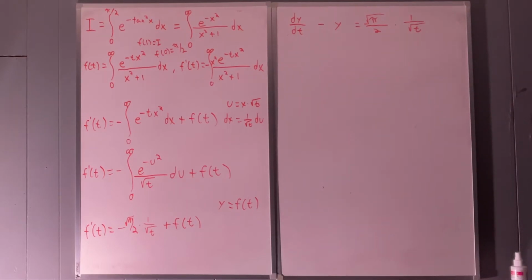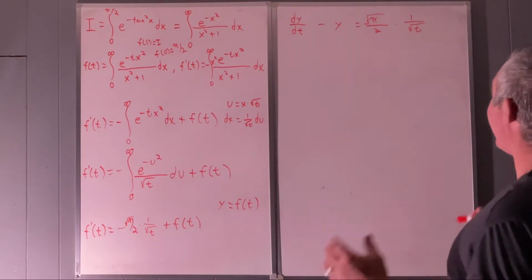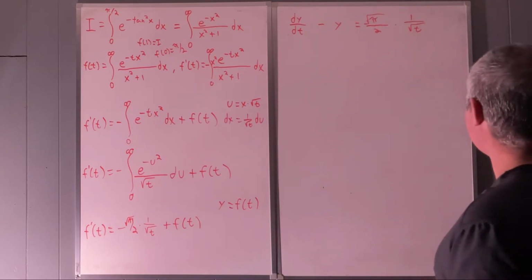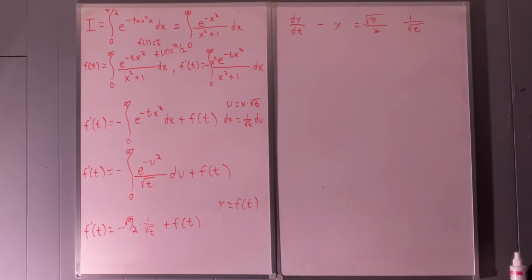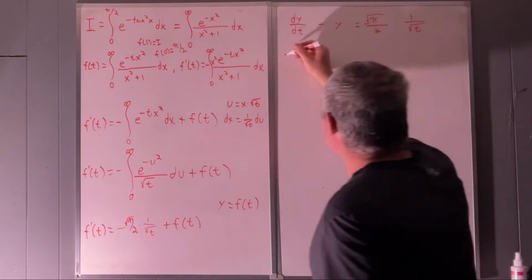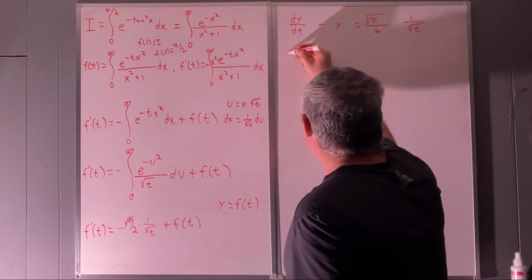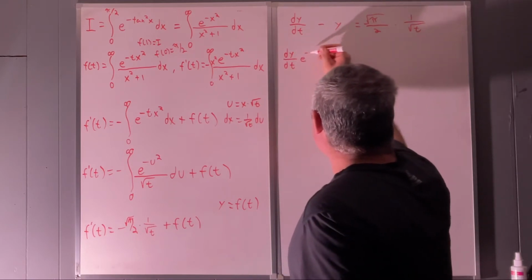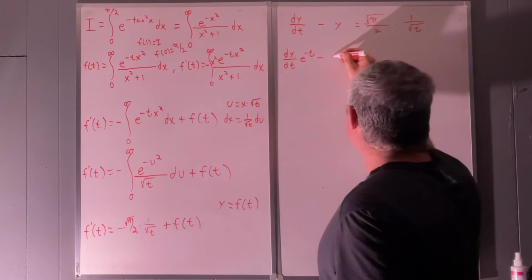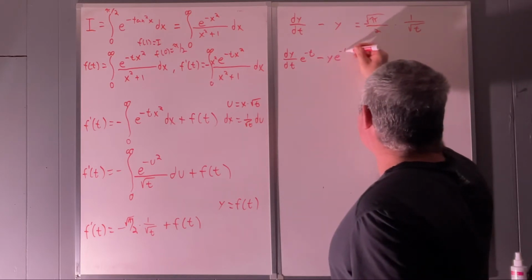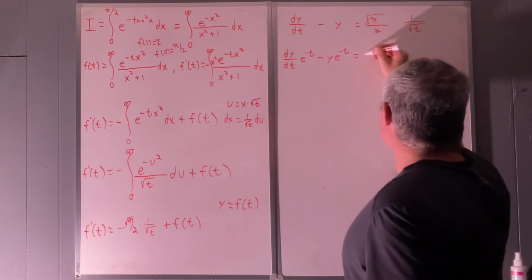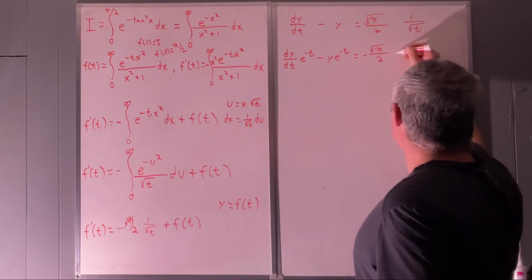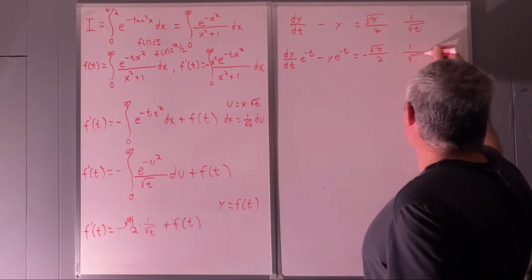Let's see what happens when we multiply both sides of the equation by the integrating factor e to the negative t. So we're going to have dy dt e to the negative t minus y e to the negative t is equal to negative square root of pi over 2 times 1 over the square root of t.